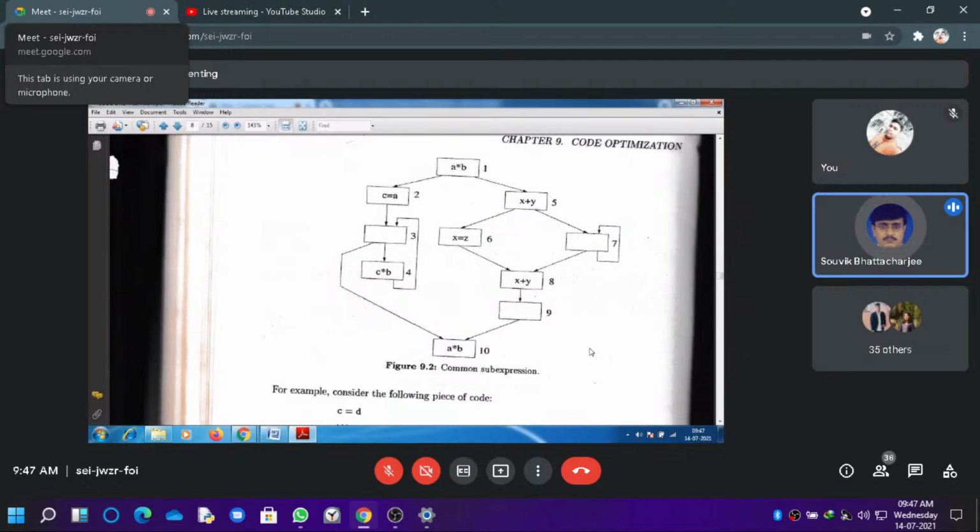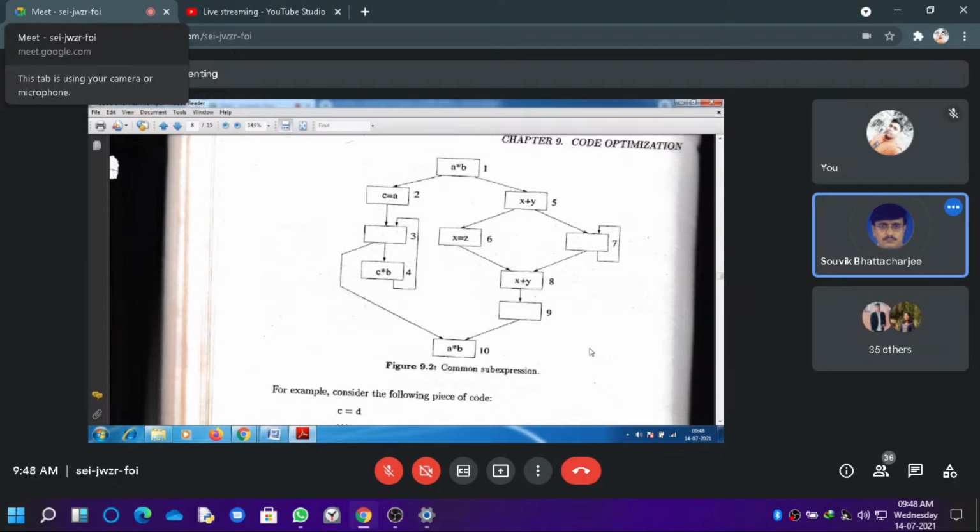You just see A star B is a common subexpression here. You just see A star B, but X plus Y is not a common subexpression.